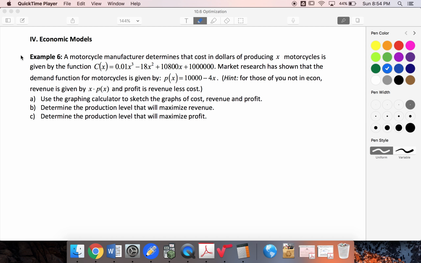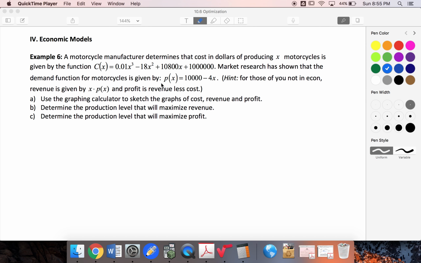So we've got an economic model example now, and I don't know if they would actually give you an economic problem because not everyone takes econ. If they give you a cost function and tell you the demand function, you would need to know that revenue is x times the demand function, and that profit is revenue minus cost.